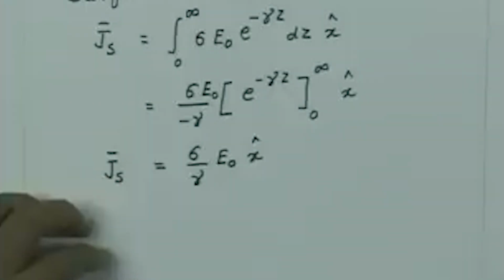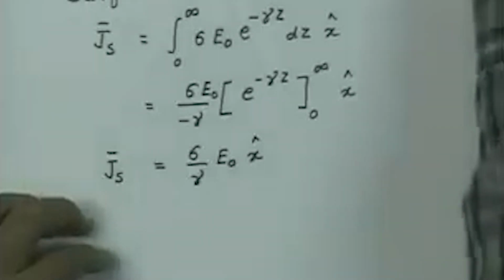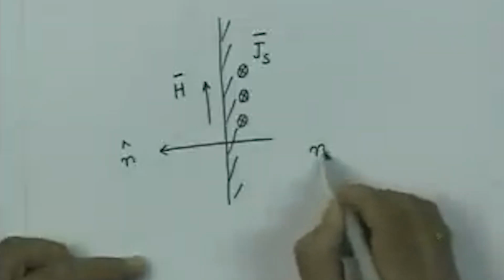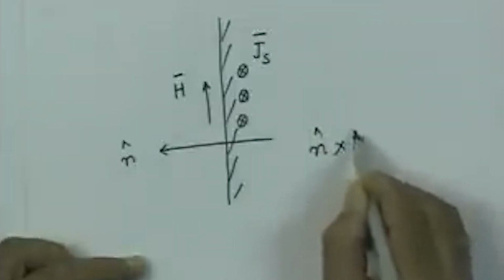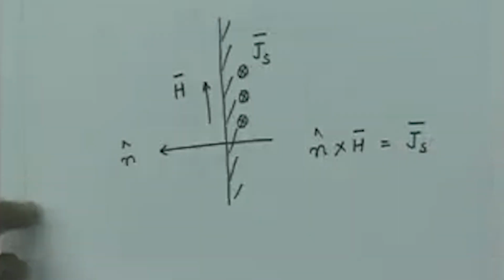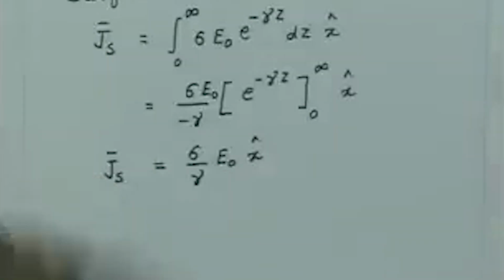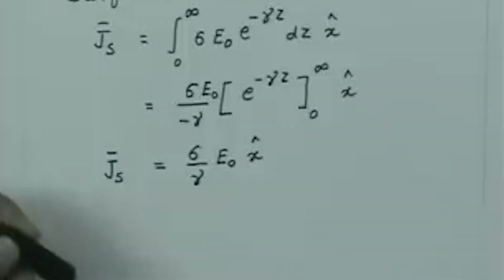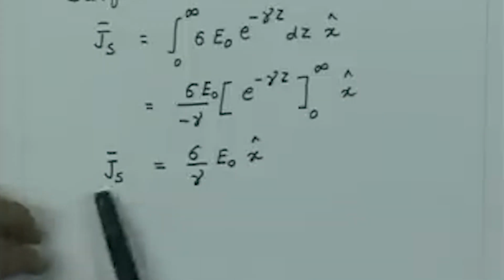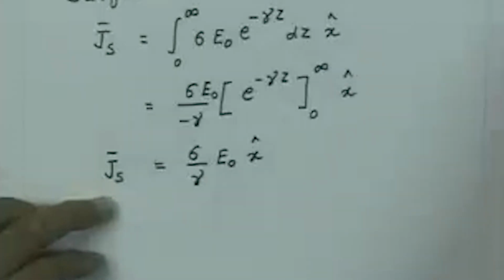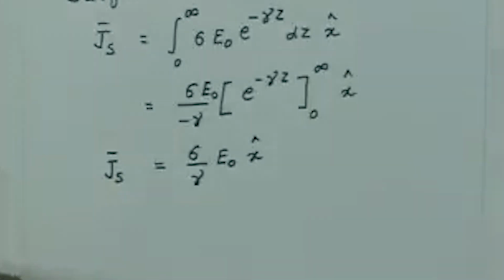Also, it should satisfy that relationship that n cross H should give you the surface current density. So, if this quantity Js should serve the purpose of surface current, it must be related to the magnetic field, and also it should satisfy this condition that n cross H should be equal to the surface current.